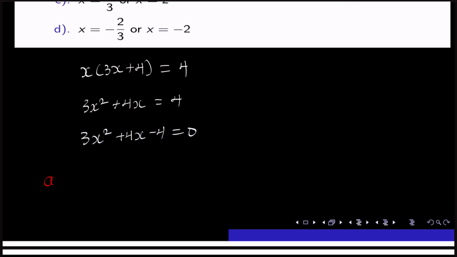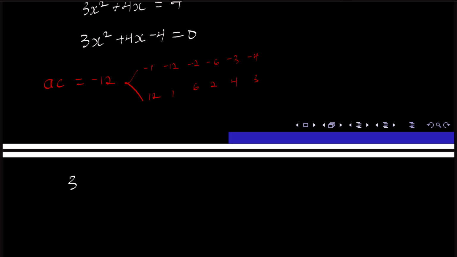So in this case, AC is going to be minus 12. Thus we are going to have 3x squared minus 2x plus 6x minus 4 is equal to 0. Now we can factor out. So we pick the first two, then we pick these guys also.